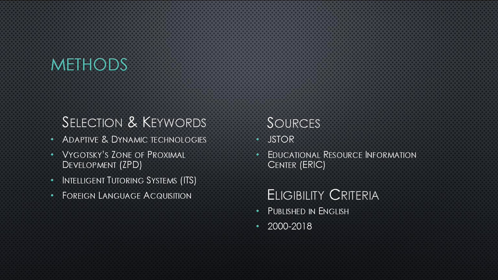Finally, my literature review ends with a special focus on adaptive and dynamic technologies as they relate specifically to language acquisition. My sources for this literature review all came from JSTOR and the Educational Resource Information Center, or ERIC. All of the studies included were published in English between the years 2000 and 2018.